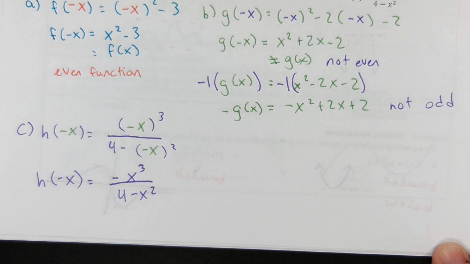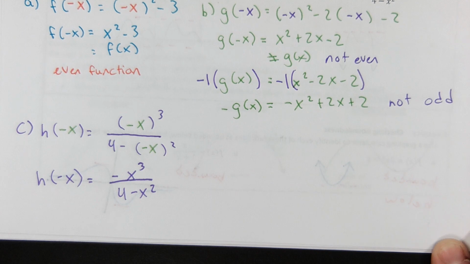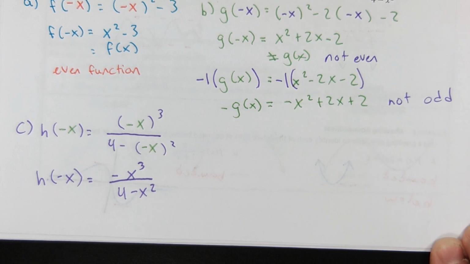So not everybody spoke. He says neither. Nobody said even. That's because you can see clearly it's not the same function. But I heard a mixed bag of odd and neithers. I'll go ahead and tell you, it's odd.